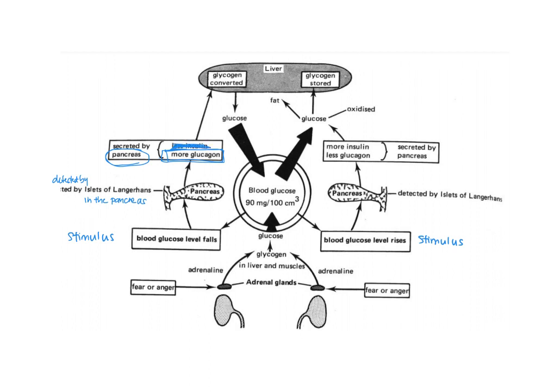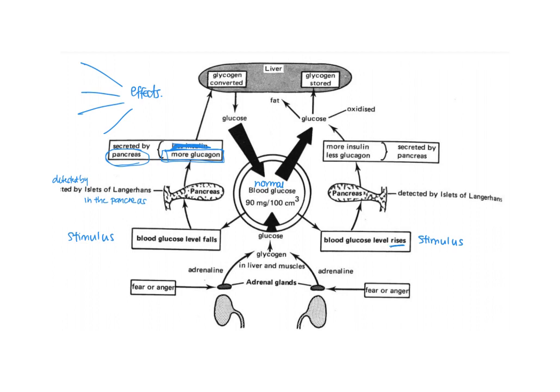Okay, so more glucagon, and after that here the effects are not written. I leave it to you to write. You need to write the effects. You need to remember the effects here, so that you can bring back the blood glucose level to normal again. See? This is the norm. The converse is also true.